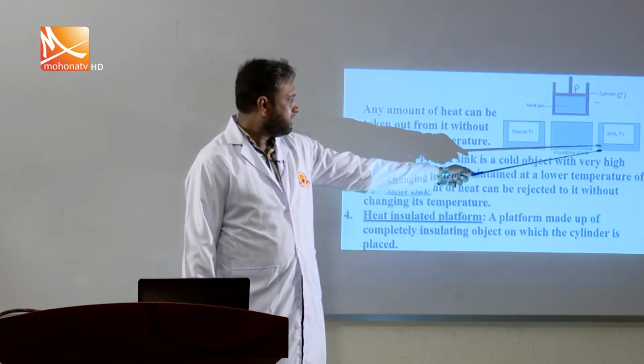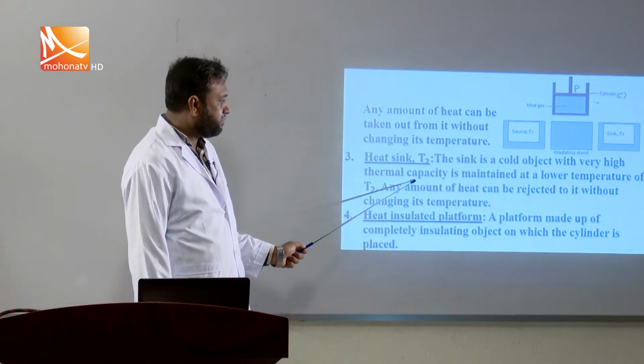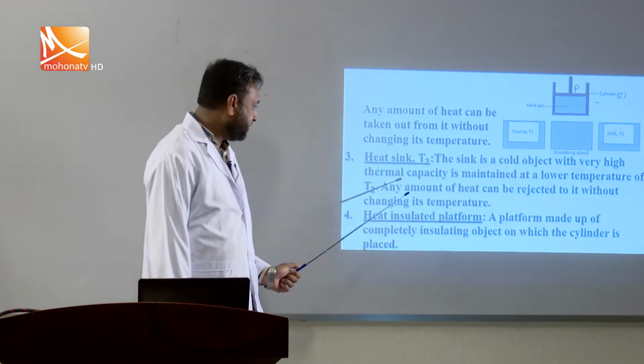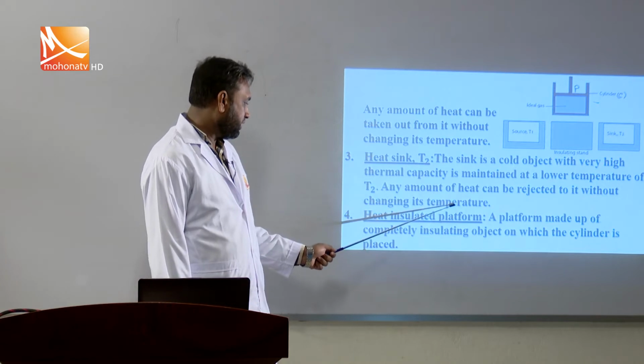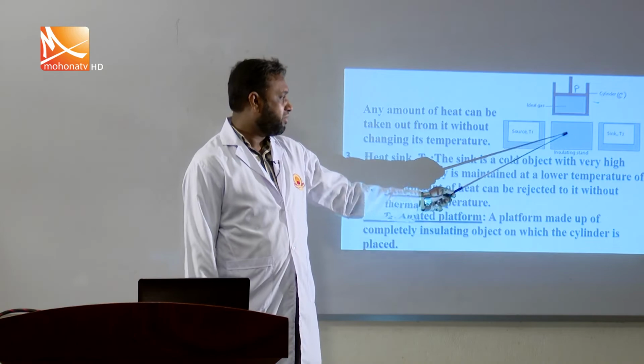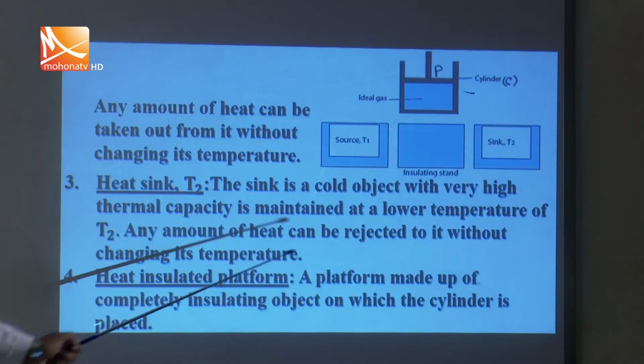The sink is a cold object with very high thermal capacity, maintained at a lower temperature T2, without changing its temperature. And the last one is the heat insulated platform or heat insulated stand, a platform made up of completely insulating material on which the cylinder is placed.